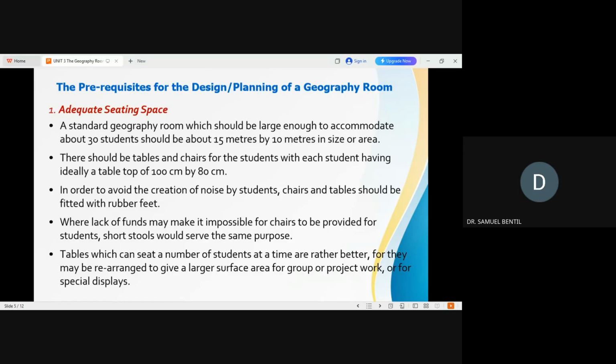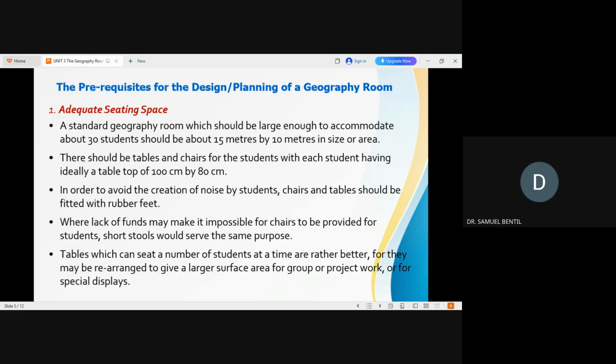And these things can also create a stressful situation. So ideal situation, a geography room should be able to accommodate about 30 students, and the size or the area should be about 15 by 30 meters in terms of the size of the area.